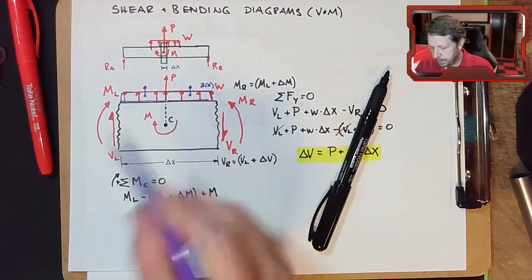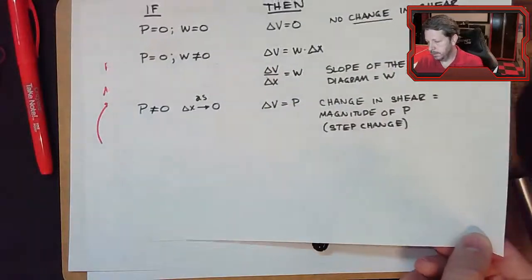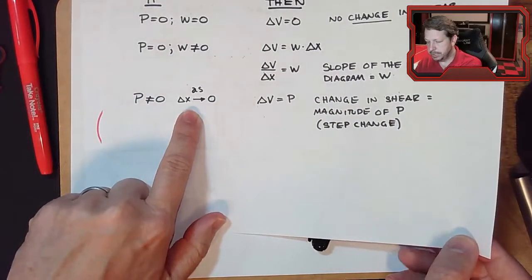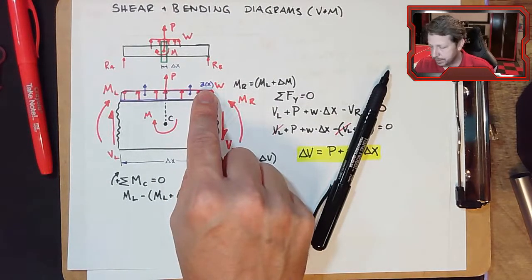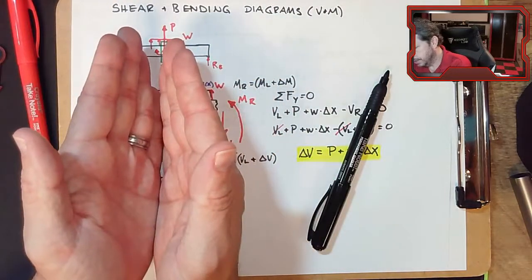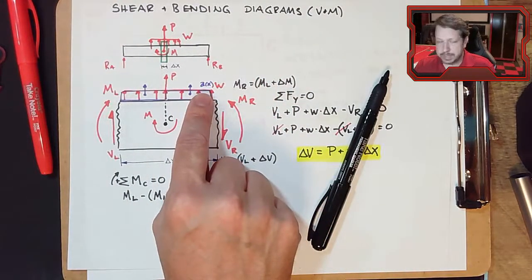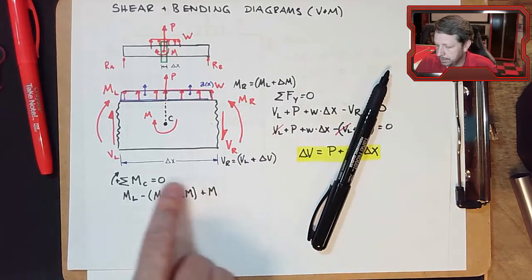Regardless, we are going to do a similar thing that we did here, where as delta x goes to 0, this could be some function of x, and as I make delta x go to 0, it essentially wipes out the distributed load. So I'm not even going to include it in my equation here.